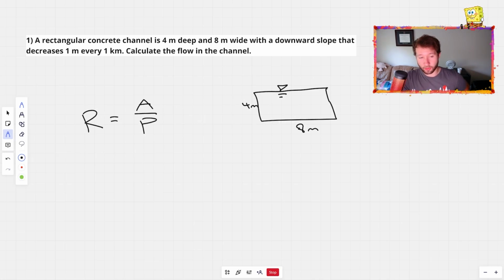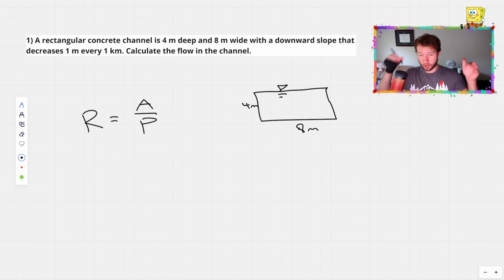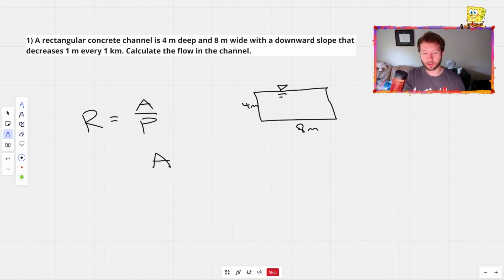So I wrote out here the equation for hydraulic radius, and it's going to be the cross-sectional area, A, over the wetted perimeter. The wetted perimeter is just the parts of the channel that are actually in contact with the water. So we can first easily find the cross-sectional area by doing 4 meters times 8 meters. That's going to be equal to 32 meters squared.